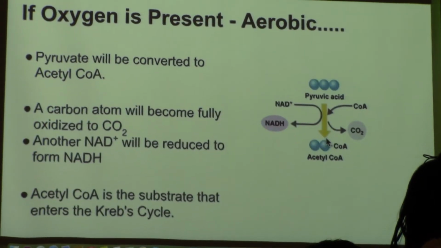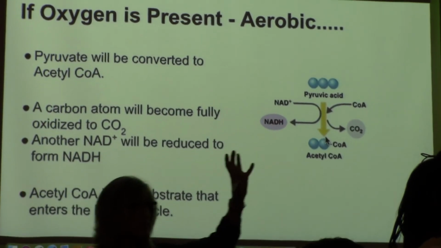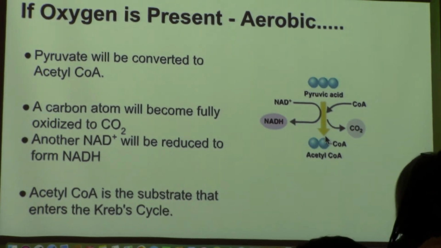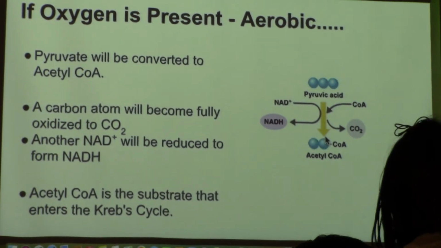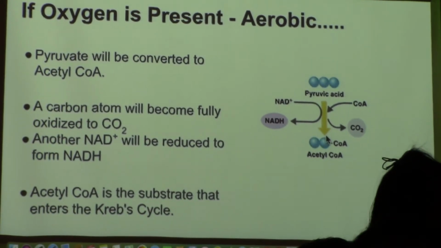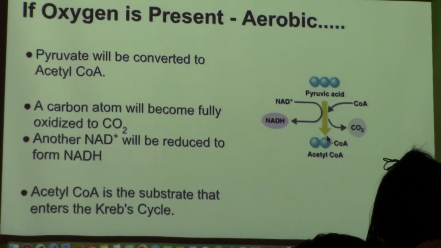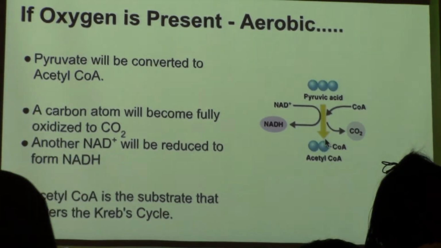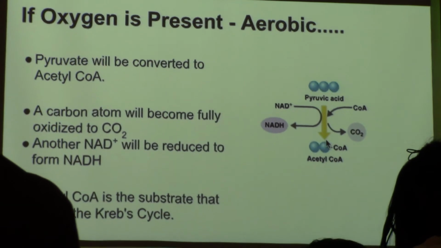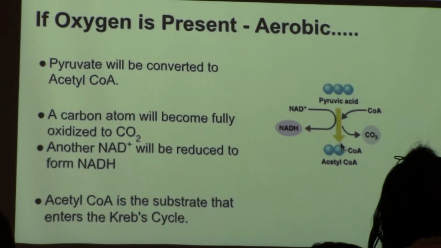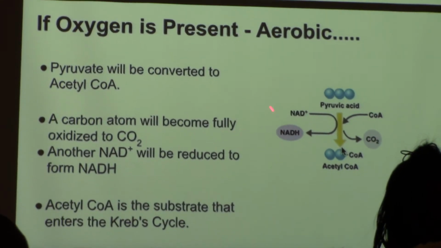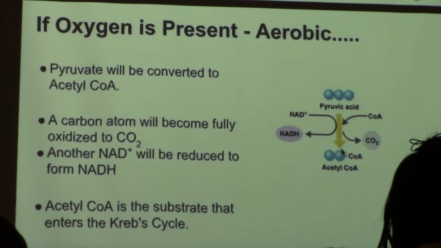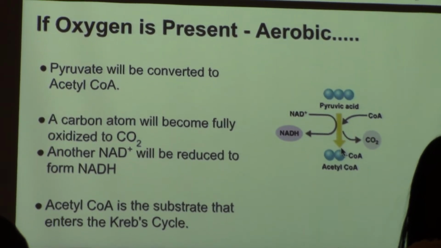All right. So glycolysis is the first step, and we've taken our glucose molecule and we have partially oxidized it to pyruvate and chopped it in half. But at the end of glycolysis, we still have these 2 pyruvate molecules. And the next step is for pyruvate to be converted to a molecule called acetyl-CoA.